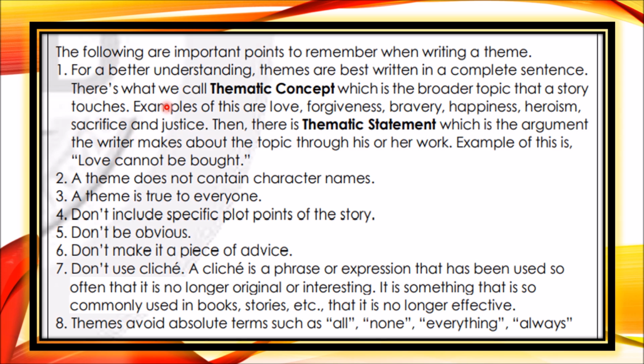Examples of these are love, forgiveness, bravery, happiness, heroism, sacrifice, and justice. Then there is thematic statement, which is the argument the writer makes about the topic through his or her work. Example of this is love cannot be bought.